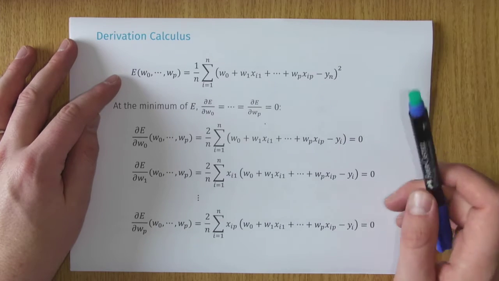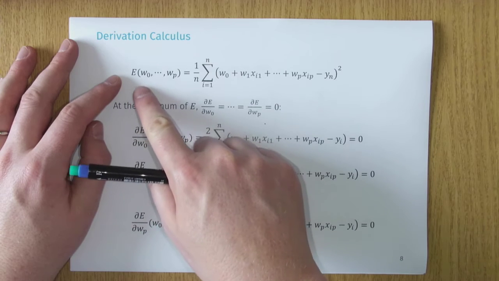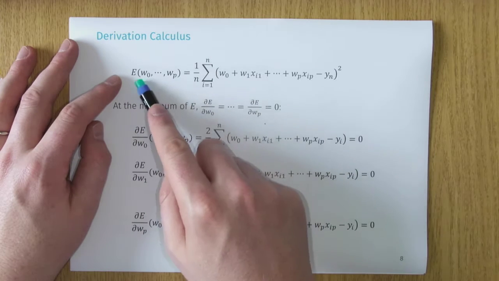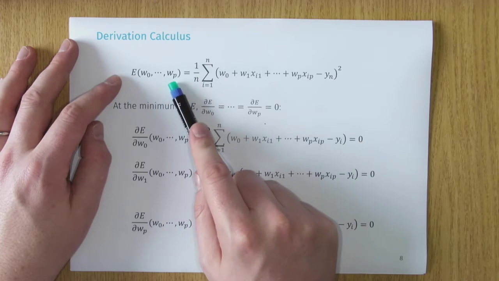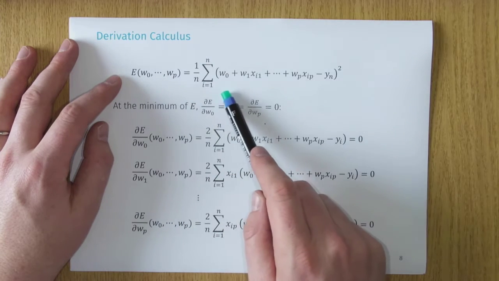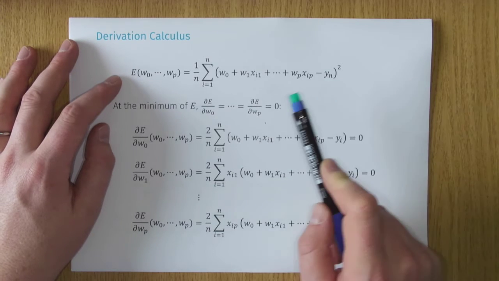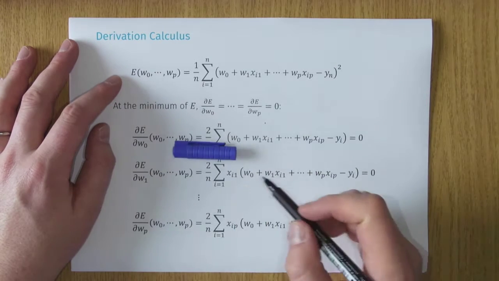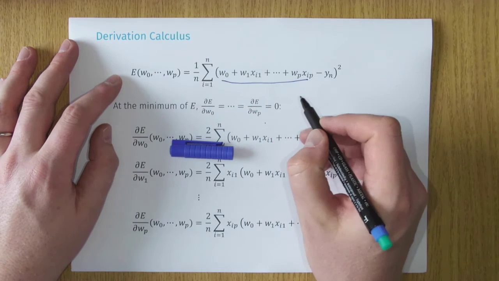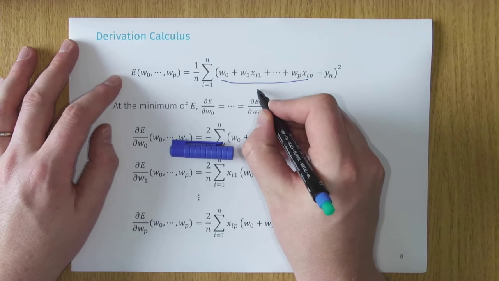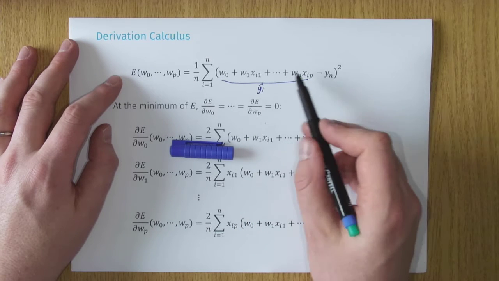So yesterday we saw how the loss function is an expression of the model parameters, so all the weights from W0 to WP, and the expression for that is basically the least square estimate. On this side of the equation, what you have here is the predicted output for a particular observation i.